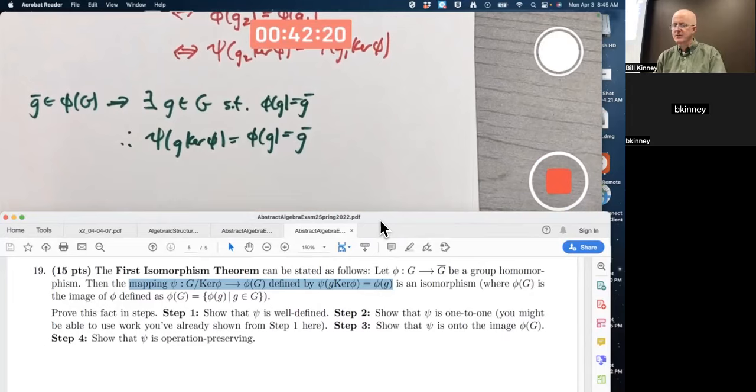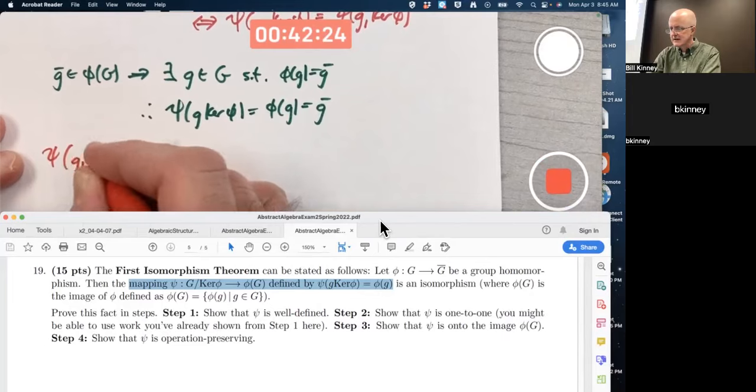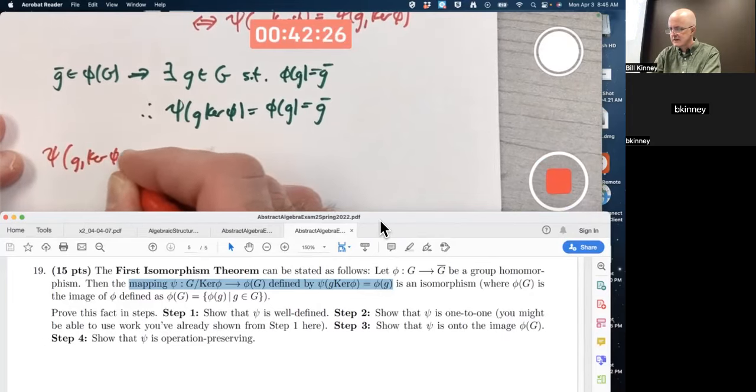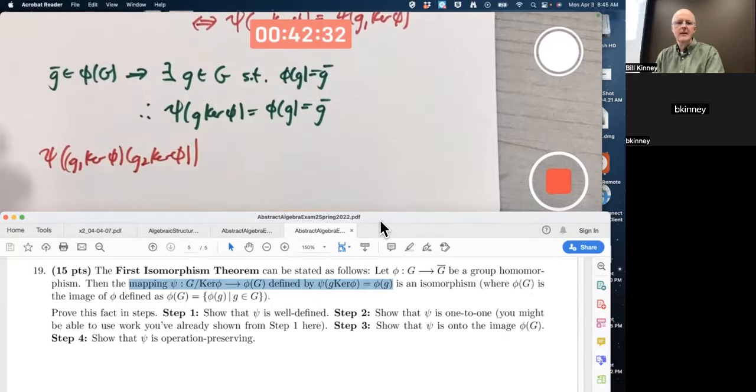Step 4, operation preserving. Suppose, or you want to consider this expression, psi of this product. These are the cosets, left cosets, they're in the factor group. How do you multiply them?